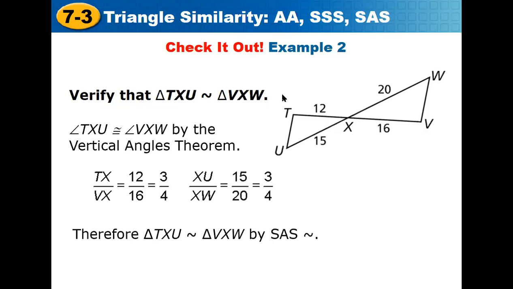We are looking for two sides that are proportional, and the third is what? The included angle. Those two angles are called vertical angles. So we found that the ratio between two sides was constant, they are proportional, and we found the included angle. Then the two triangles are similar by side angle side. Okay, and this was your question.